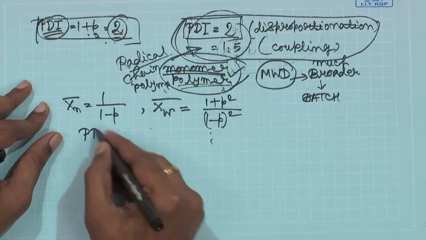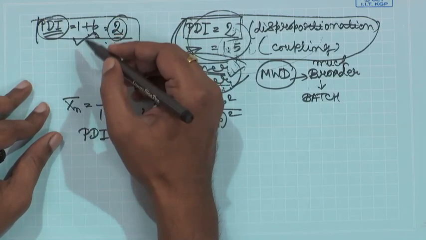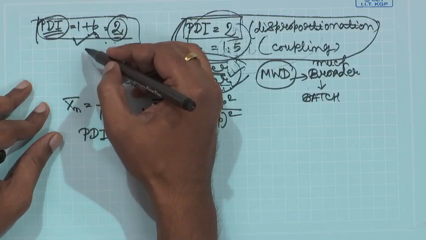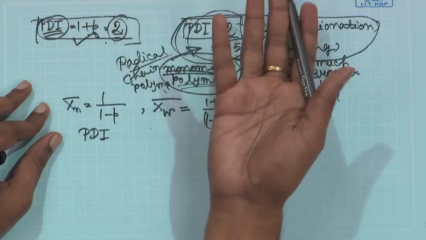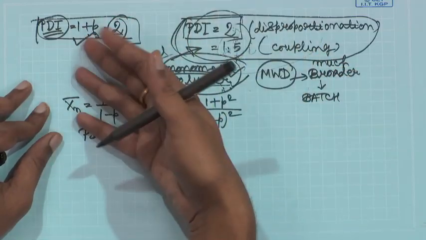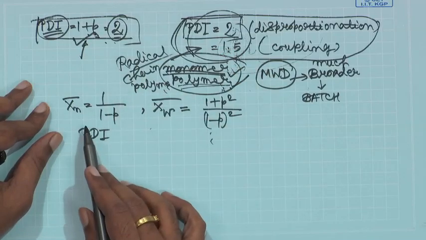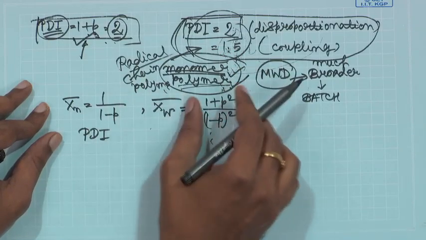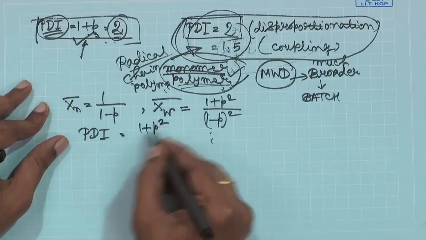So, the PDI, you remember, was 1 plus p in a batch reactor. Whatever we derived before was the normal reaction going on in a batch reactor, where you go to 99% or 100% conversion, and then this is the expression. But for a CSTR, the expression for PDI will be xw bar by xn bar, which is equal to (1 plus p) squared divided by 1 minus p.